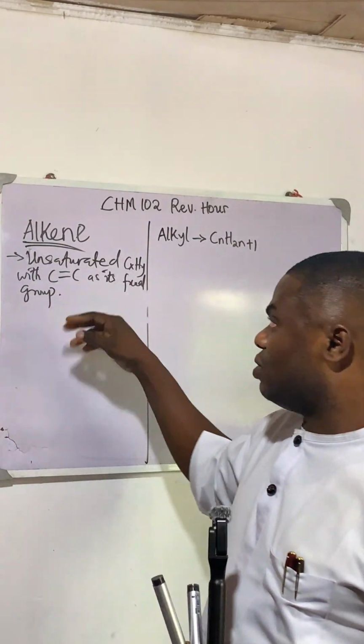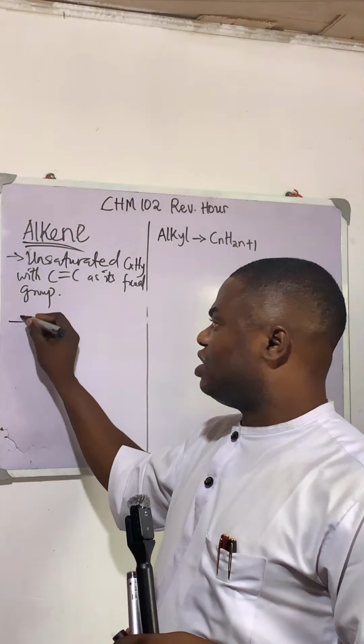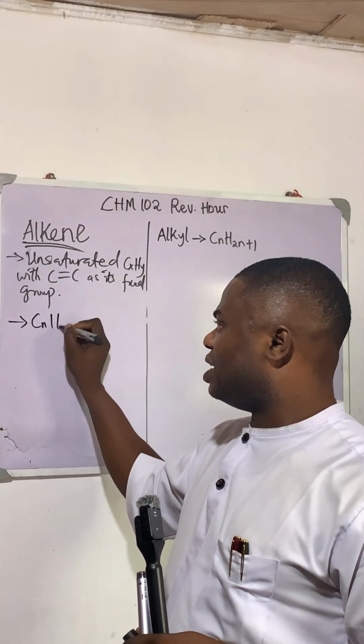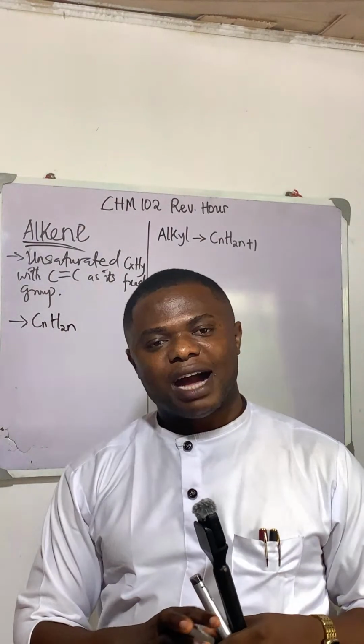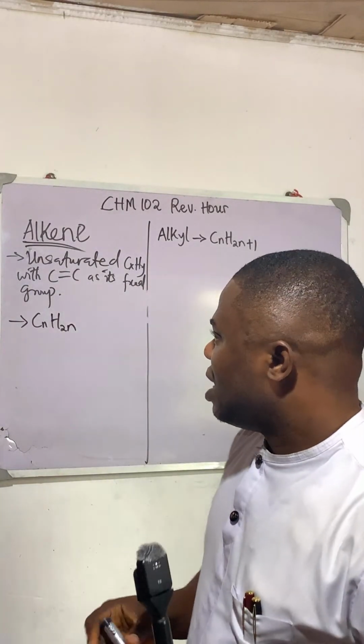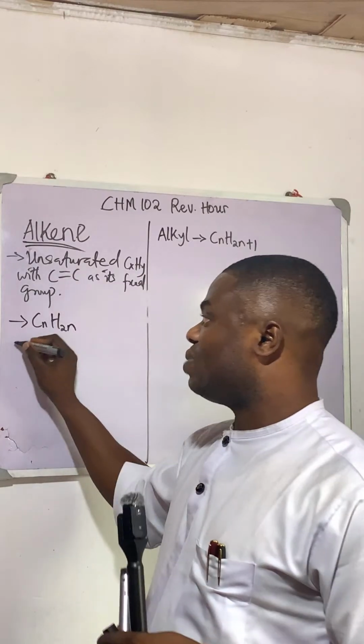That is the first thing that you need to take note about this. You have the general molecular formula of CnH2n. That is the general molecular formula of alkene.